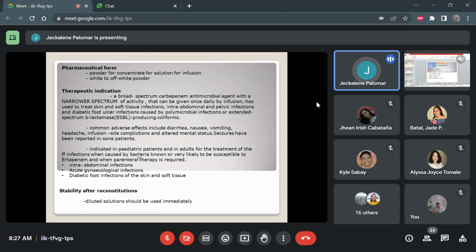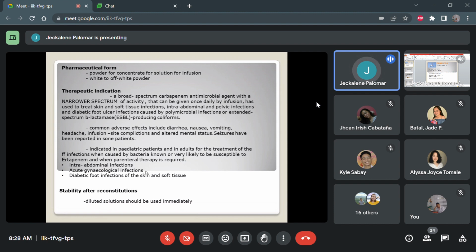Therapeutic indication: it is a broad-spectrum carbapenem antibacterial agent with a narrower spectrum of activity that can be given once daily by infusion. It is used to treat skin and soft tissue infections, intra-abdominal and pelvic infections, and diabetic foot ulcer infections caused by polymicrobial infections or extended-spectrum beta-lactamase, or ESBL, producing coliforms.